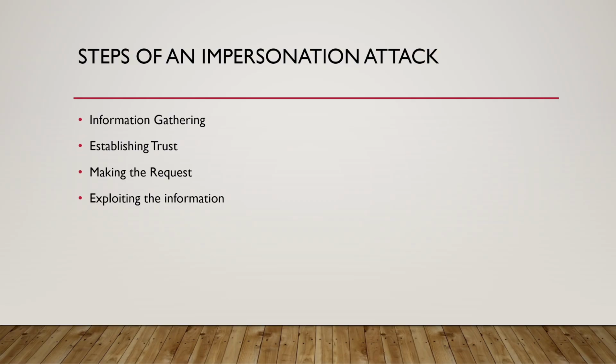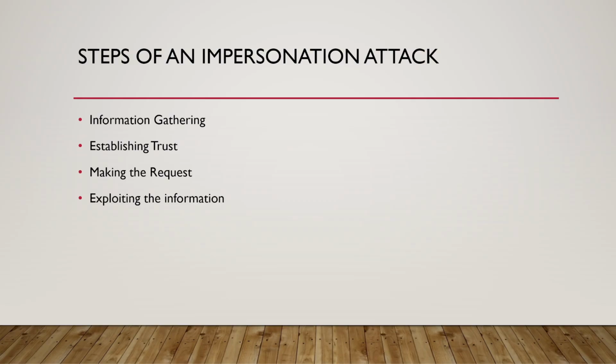So when they first get a hold of you, they're going to try to establish trust. They're going to use this information they gathered to gain your trust. They may pose as a trusted individual, like an IT administrator, a manager, or even a colleague.